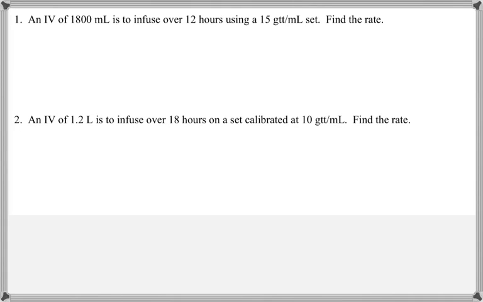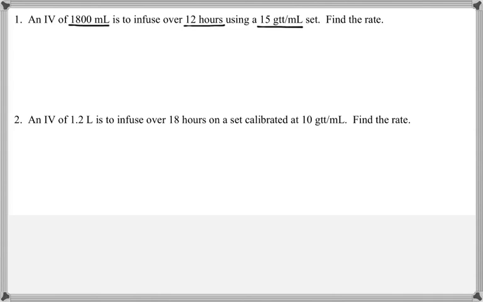Okay, looking at number 1, it says an IV of 1800 mLs is to infuse over 12 hours using a 15 GTT per ml set. Find the rate. So I know that this is my amount, and it's infusing over 12 hours using a 15 GTT per milliliter set.